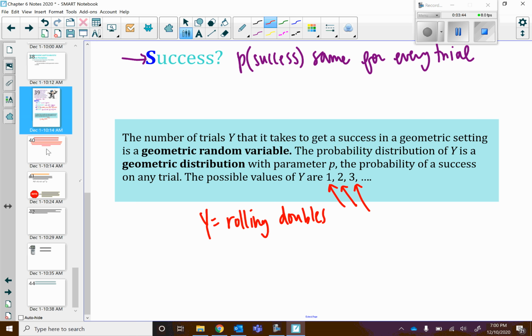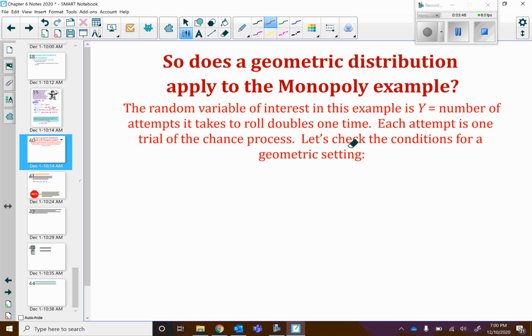So geometric probabilities, or I guess we will look at the Monopoly example. The random variable of interest in this example is y, the number of attempts it takes to roll doubles 1 time. Each attempt is 1 trial of this chance process. Let's check the conditions for a geometric setting. We kind of just talked about it, but we can go over it real quick. B, it's binary. Either I roll doubles, a success, or I don't.